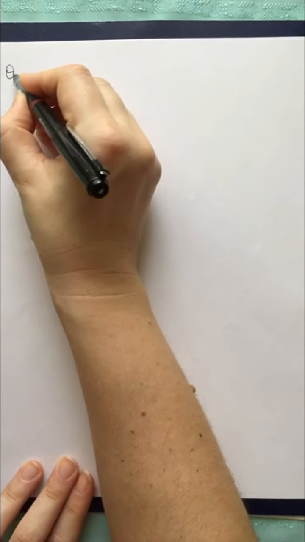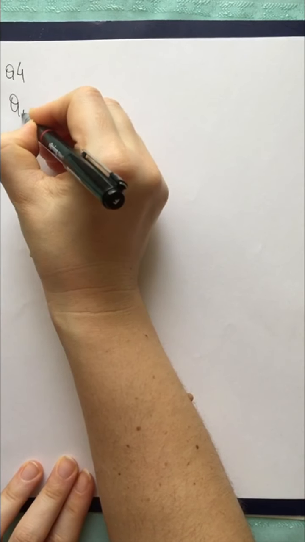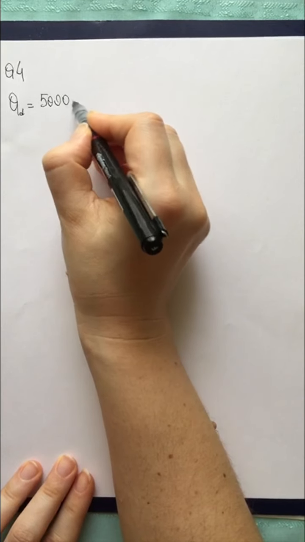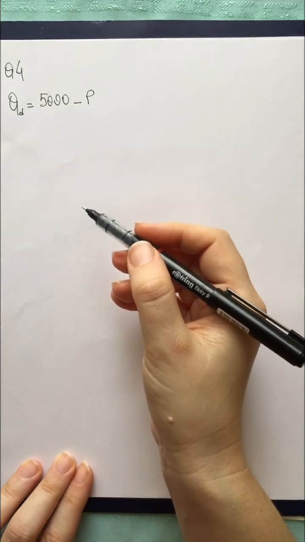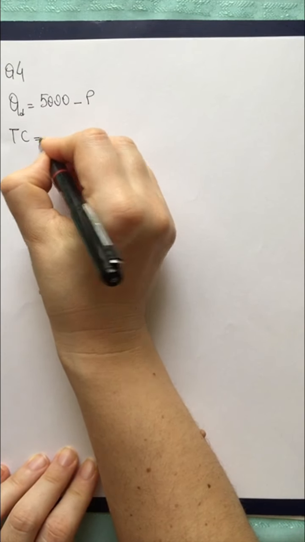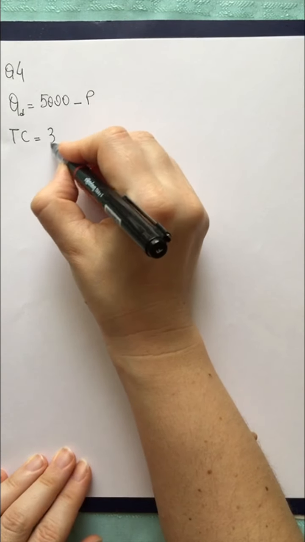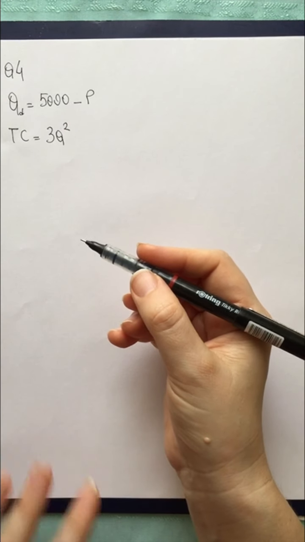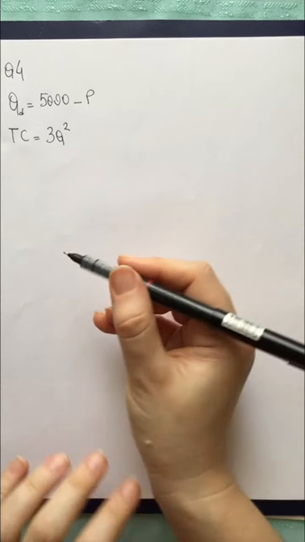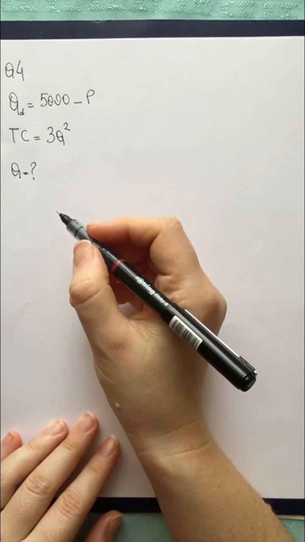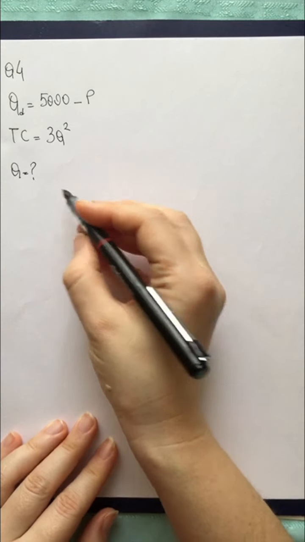The demand for Homer's boat is QD equals 5,000 minus P. Homer's total cost function is 3Q square. Determine Homer's profit maximizing level of output and the price charged to the customers.